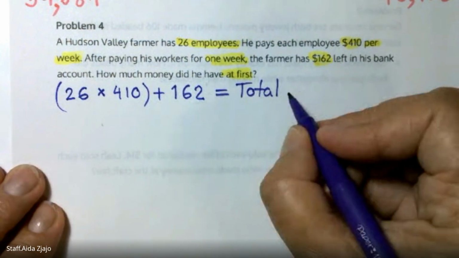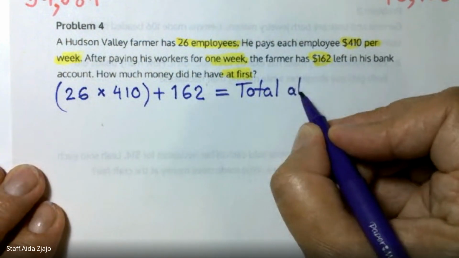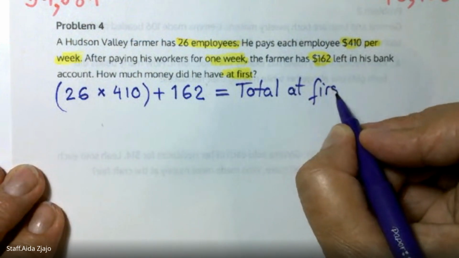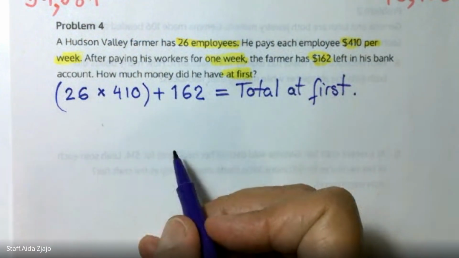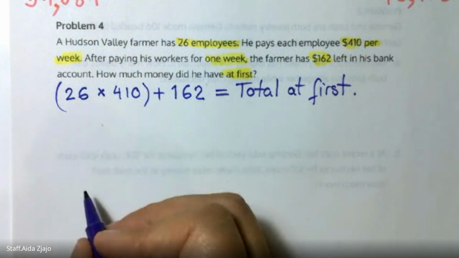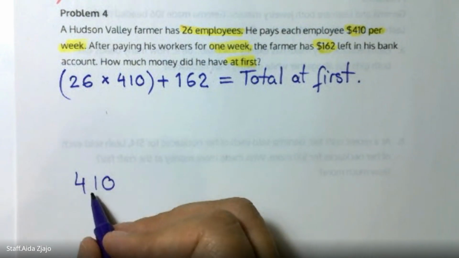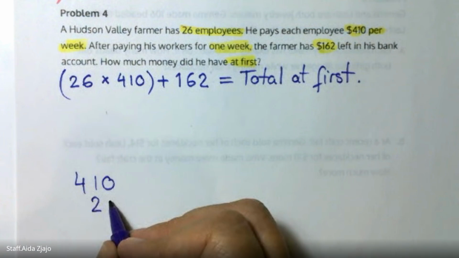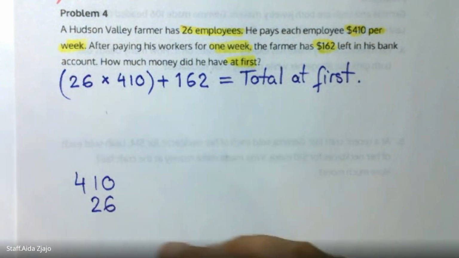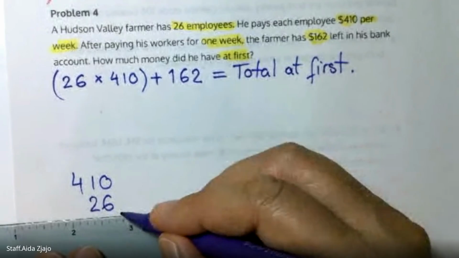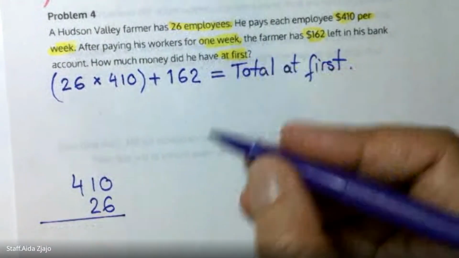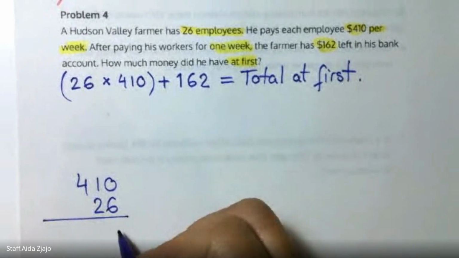Total at first. So first we can calculate 410 times 26, and then we can add 162. 6 times 0 is 0.